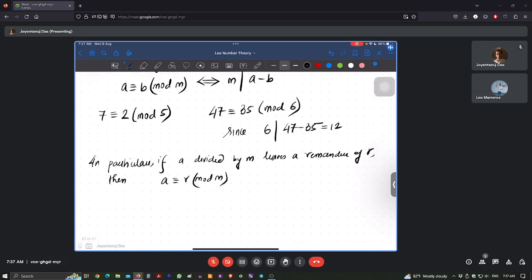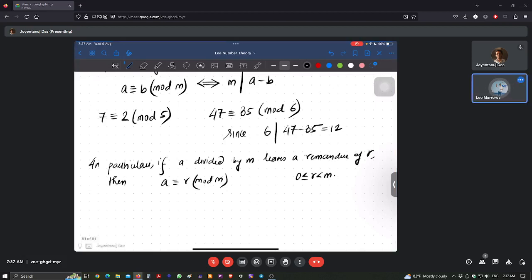Since the remainder is R, we know that R is strictly less than M. That is the definition of a remainder, right?